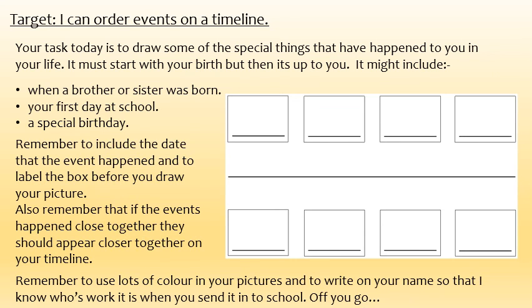Remember to include the dates that the event happened and to label the box before you draw your picture. Also remember that if the events happened close together, they should appear closer together on your timeline. Remember to use lots of colour in your pictures and to write on your name so that I know whose work it is when you send it into school. Off you go.